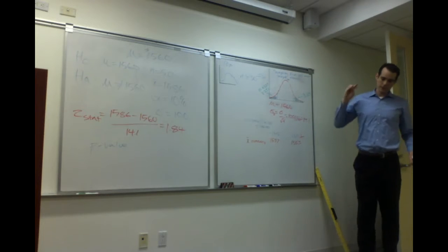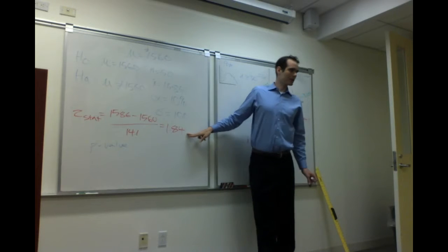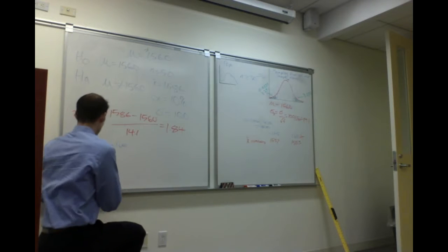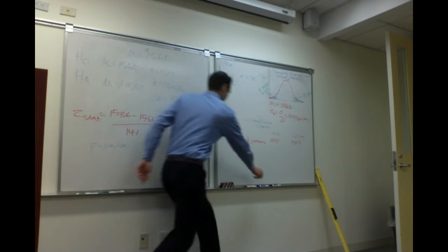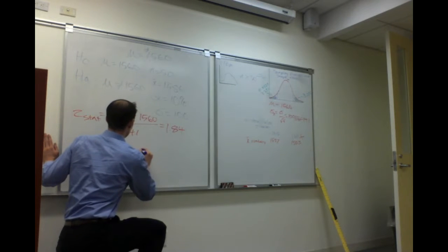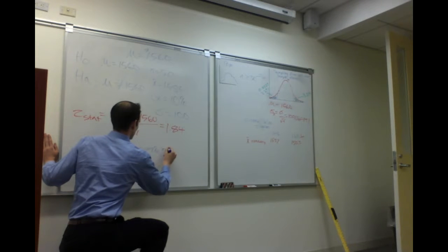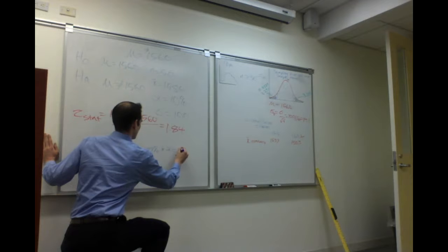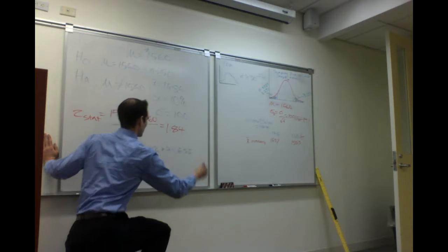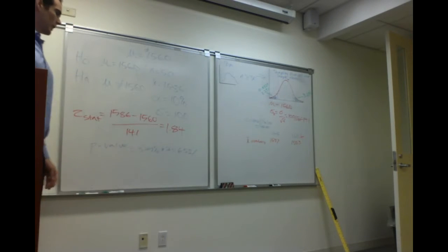So the p-value, the probability of getting a test statistic at least that extreme, is 3.29 times 2 equals, what do we got? 6.58 percent.